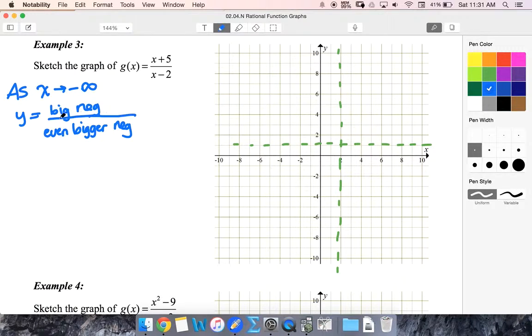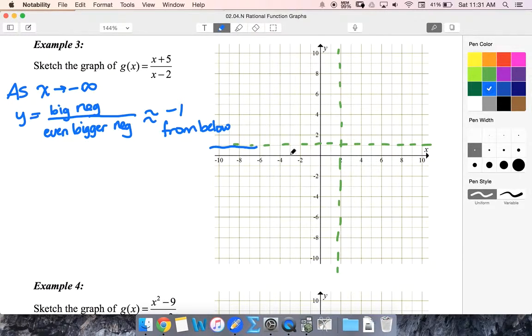Well, a very big negative number divided by one that's even bigger is going to be almost equal to -1, but just less. So close to -1 from below. So it's just less than -1.